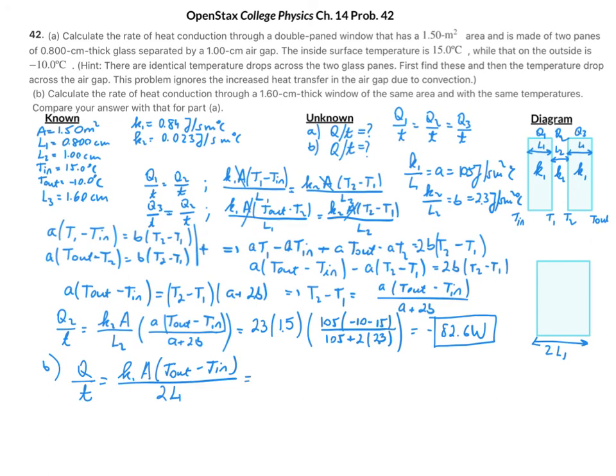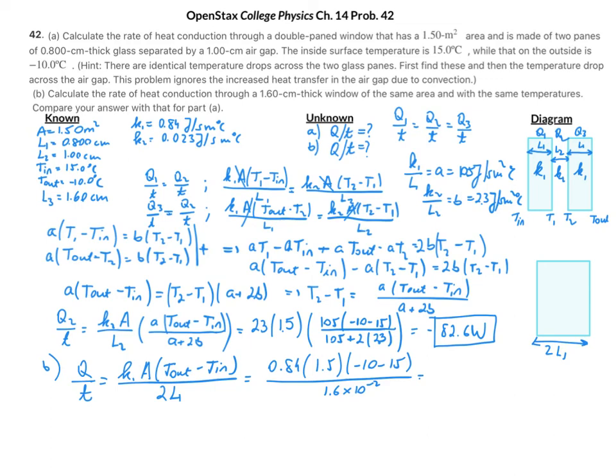So K1 was 0.84, area is 1.5 square meters, T out is negative 10, T in is 15, divided by 1.6 times 10 to the negative 2 meters.